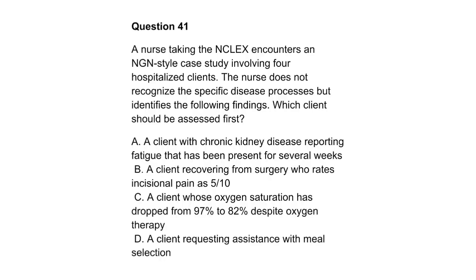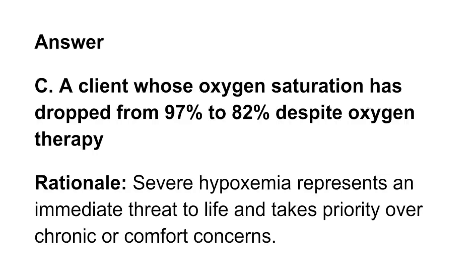C. A client whose oxygen saturation has dropped from 97% to 82% despite oxygen therapy. D. A client requesting assistance with meal selection. Answer. C. A client whose oxygen saturation has dropped from 97% to 82% despite oxygen therapy. Rationale: severe hypoxemia represents an immediate threat to life and takes priority over chronic or comfort concerns.